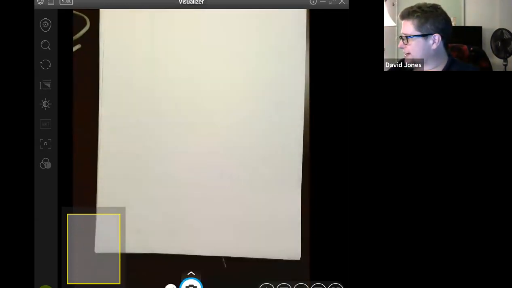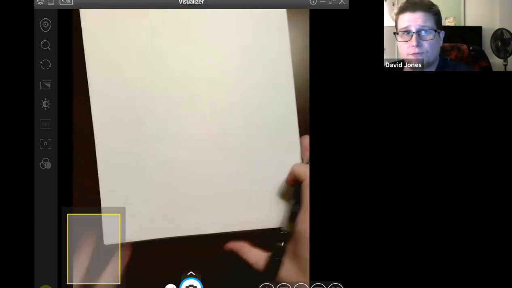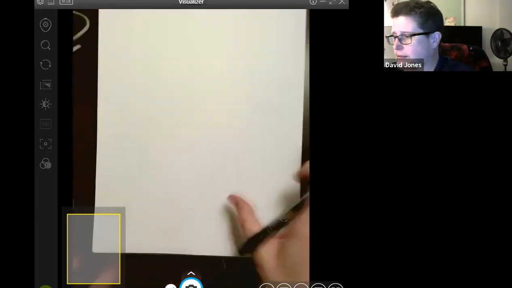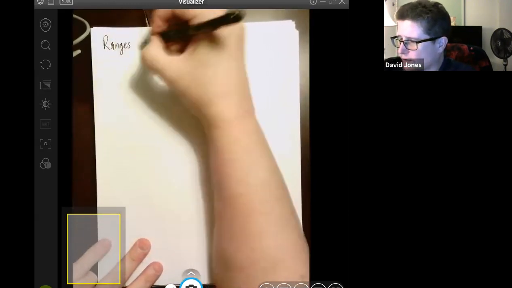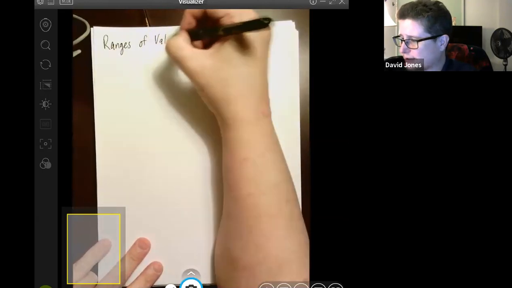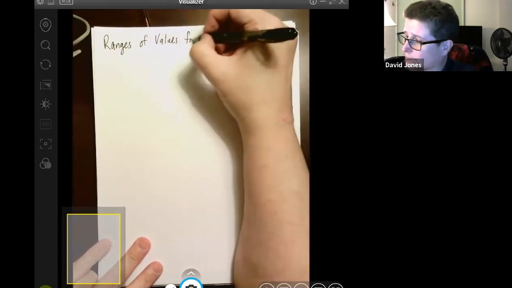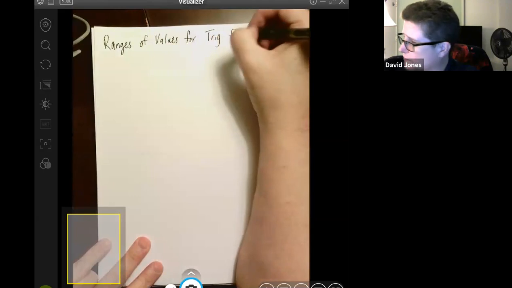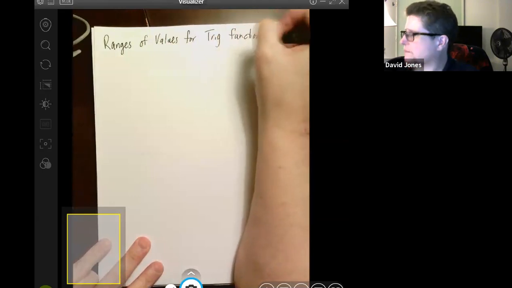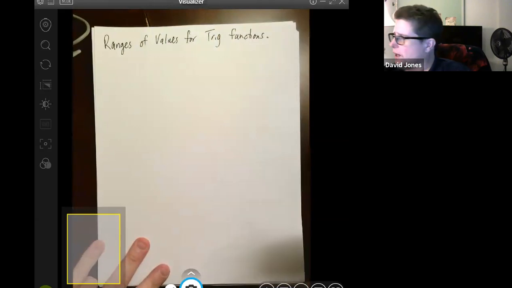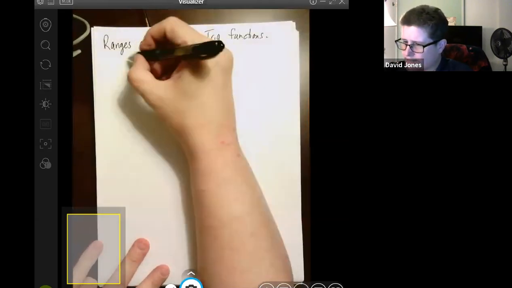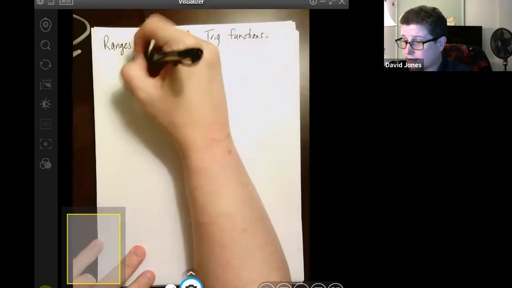We're almost done with this section. We should look at the ranges of the trig functions. Ranges of values for trig functions. And so these are the y values.